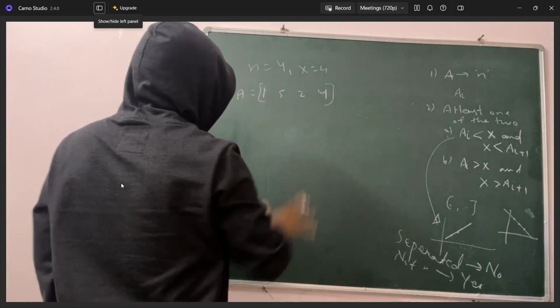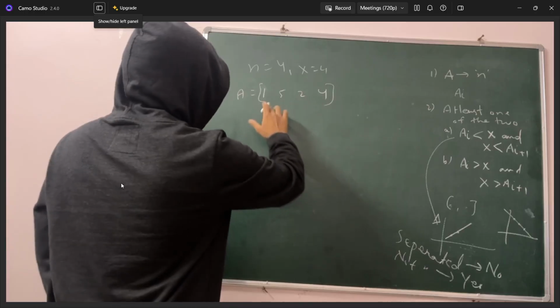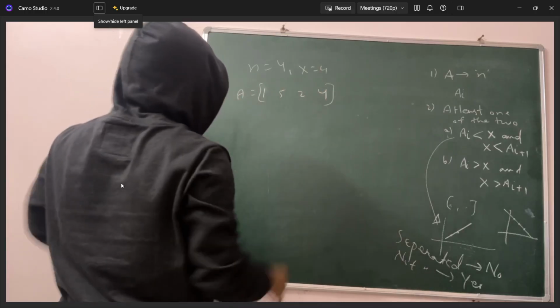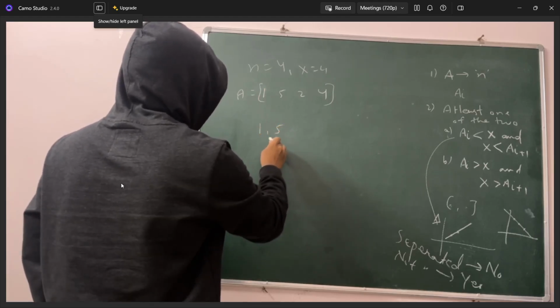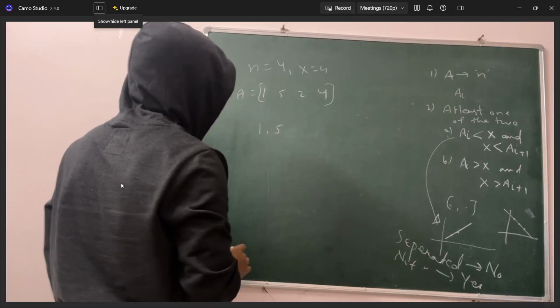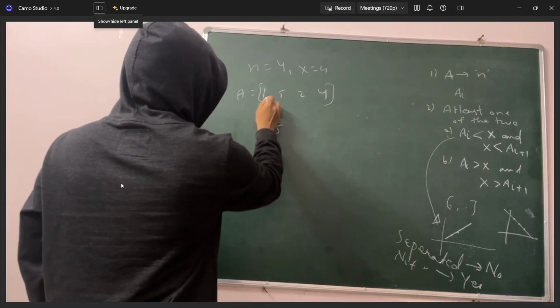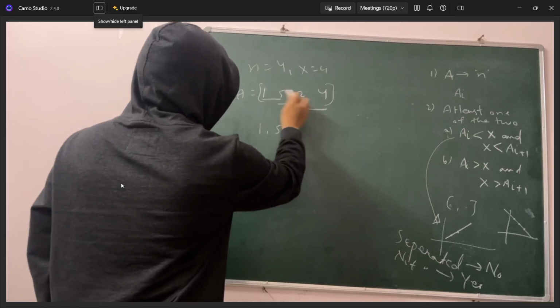Now let's take this example and understand. The given array is 1 5 2 4. Say I don't make any arrangement. You have the adjacent pairs 1 5, 5 2 and 2 4.